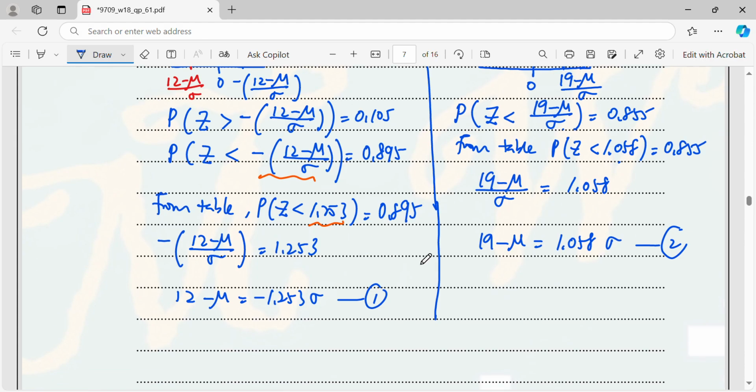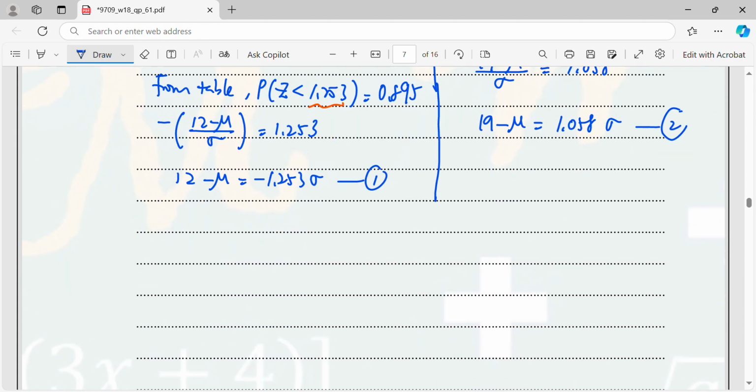Okay, so now I need to solve these two simultaneous equations. Since on the left side I get both minus mu, I can just use subtraction of the equations to eliminate mu. So I will use second minus first equation.